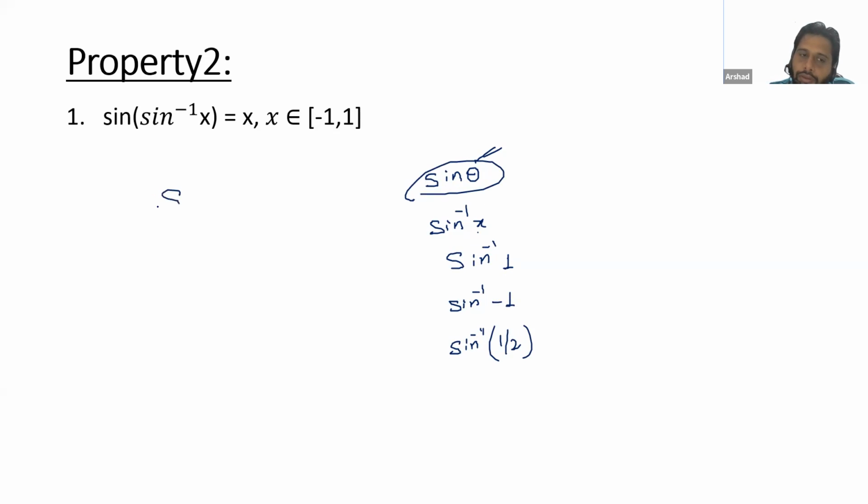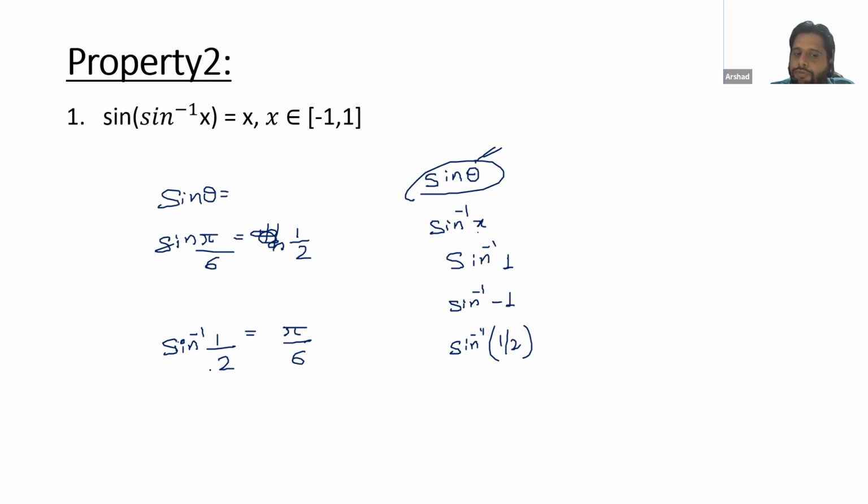For example, sine pi by 6. Pi by 6 means 30 degree. It is equal to 1 by 2. And if I ask you what is sine inverse 1 by 2, then you will write pi by 6. So with inverse, you need to put these values.